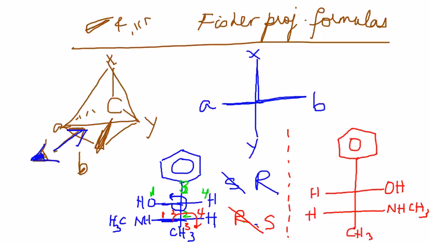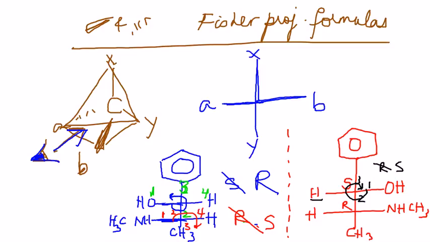So hopefully you can see that my configuration should come out to be S and R. And let's, for the sake of argument, just assign the priority order and go through it very quickly. You are going in an R manner, clockwise manner, but since hydrogen is on the horizontal line, it will have to be converted to S.